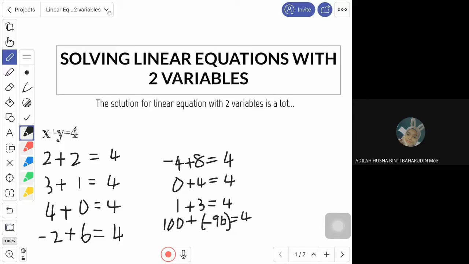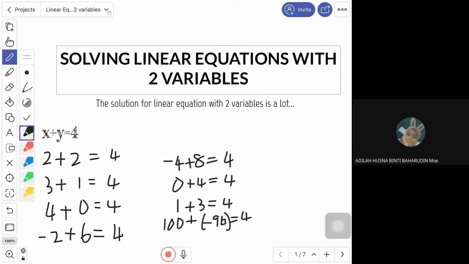Even we can have decimal also. But usually we will put some restriction that x and y are integers. So when we say that they are integers, means you must have the values in whole number, whether they are positive or negative.